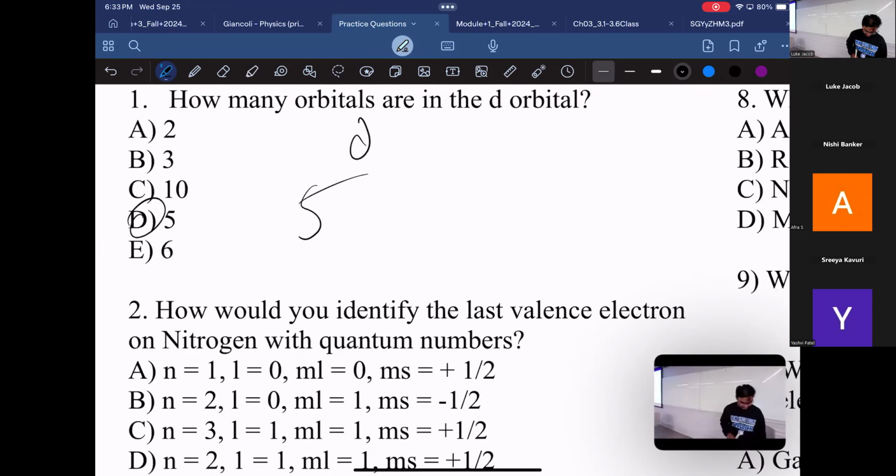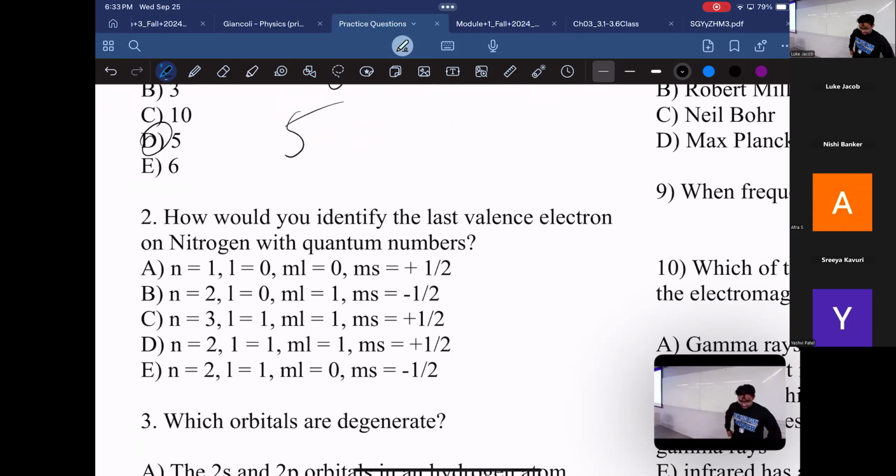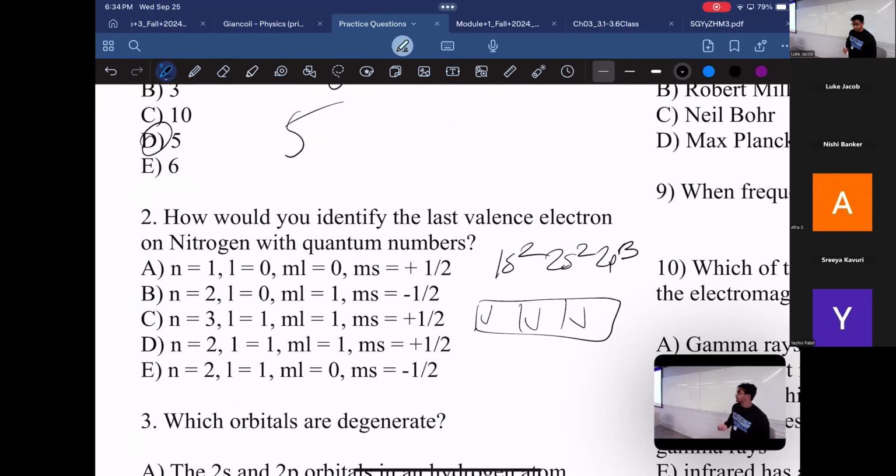Very simple. Okay. How would you identify the last valence electron in nitrogen? Nitrogen is 1s2, 2s2, and 2p3, right? So how would you identify that? Remember, it's in the second shell and it has the same spin. So it's like one of these. Process of elimination or just write the numbers out yourself.